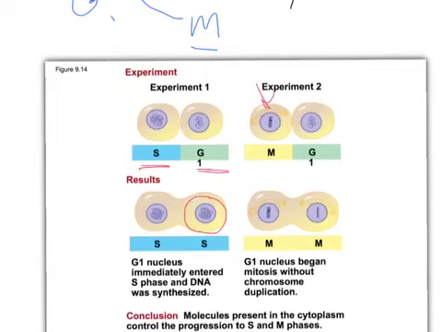What's happening in these cells? These nuclei are inherently different, right? The cell that's in G1 does not have the machinery set up to undergo DNA replication or mitosis, right? It's not ready yet.